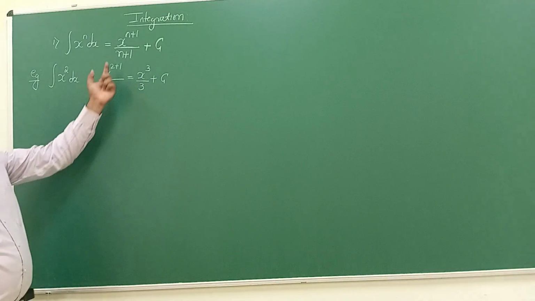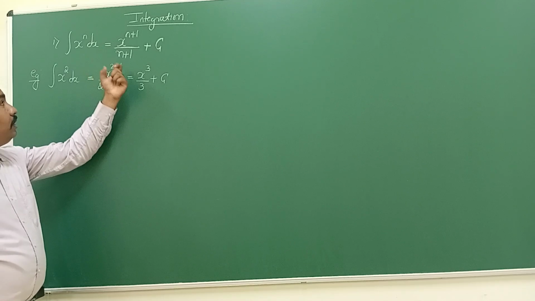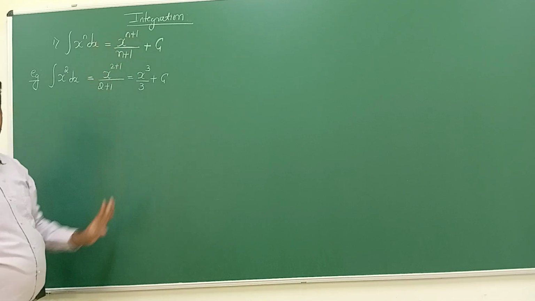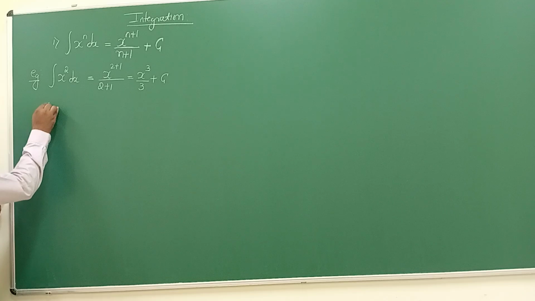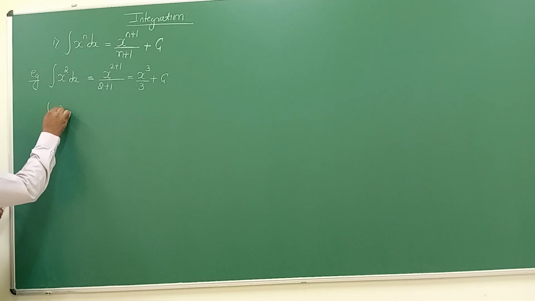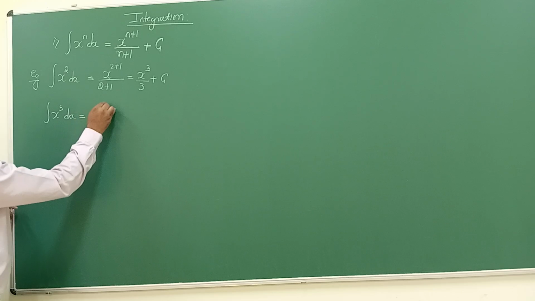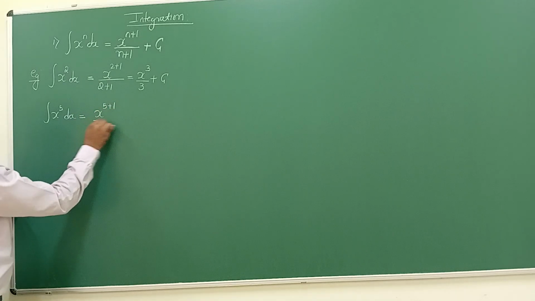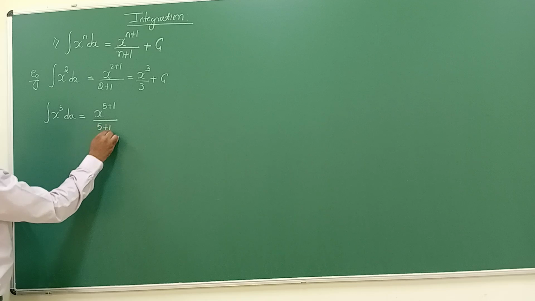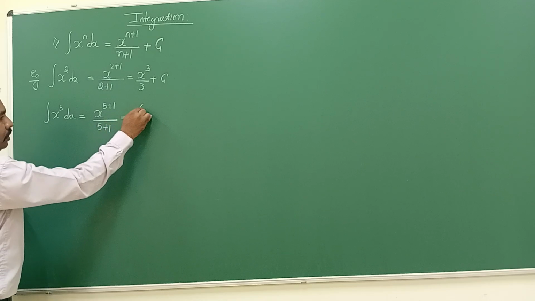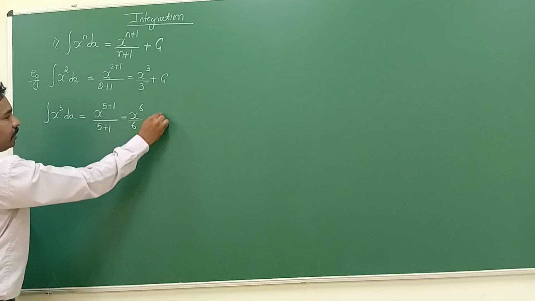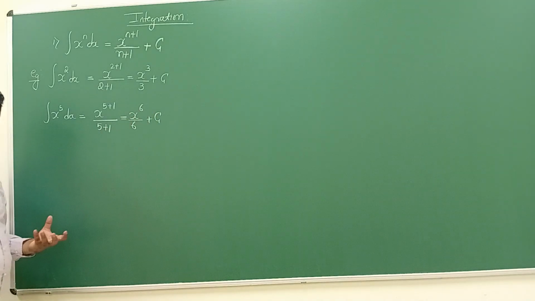If we remember this formula properly, it is only a substitution of n in the formula. Now I will take one more example, the integral of x power 5 into dx. It is x power 5 plus 1 divided by 5 plus 1, so it is x power 6 by 6 plus integration constant c.